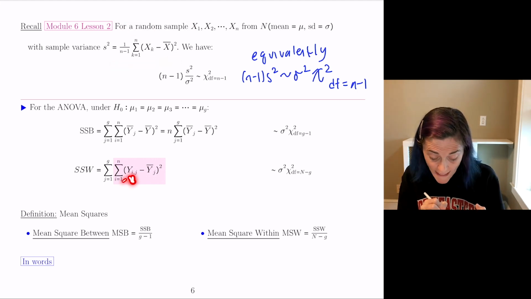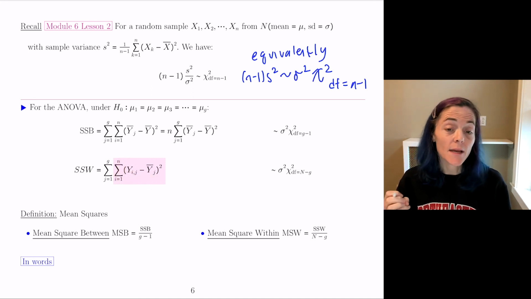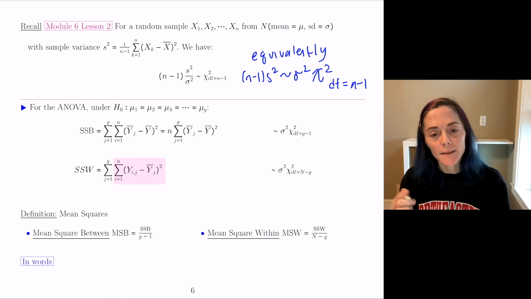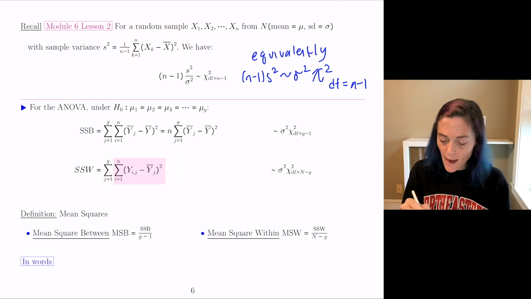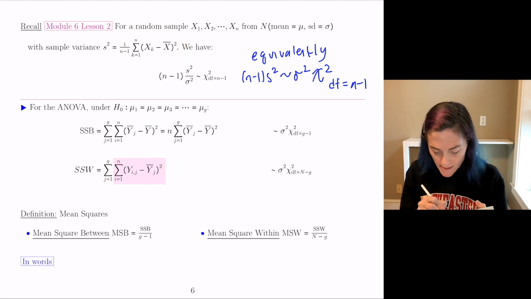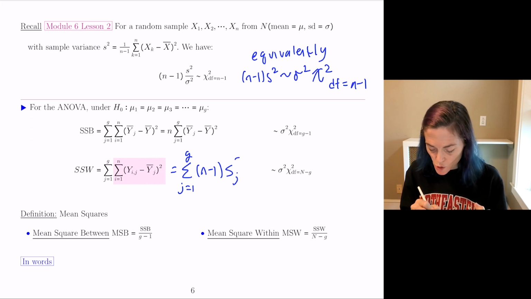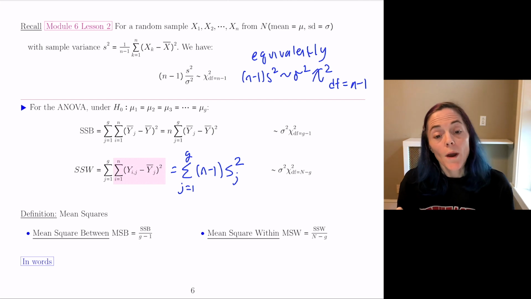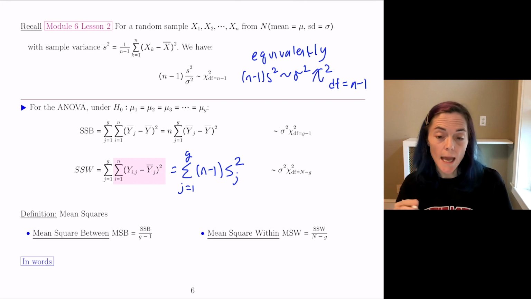You see we have Yij minus the group mean squared, and then we're adding up over the n observations, the random sample of size n. Well, you see that is also here. So this part, we can rewrite this sum of squares within as a sum, j equals 1 to g. This is n minus 1 times, I'll write it as say s sub j squared, where I'm thinking about s sub j squared as the sample variance in group j.